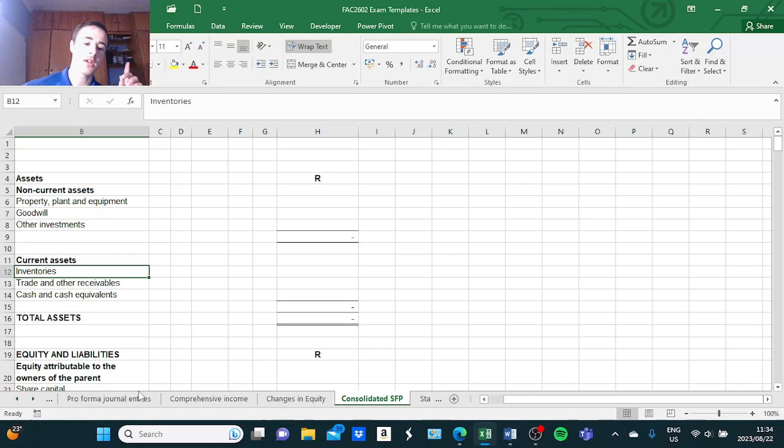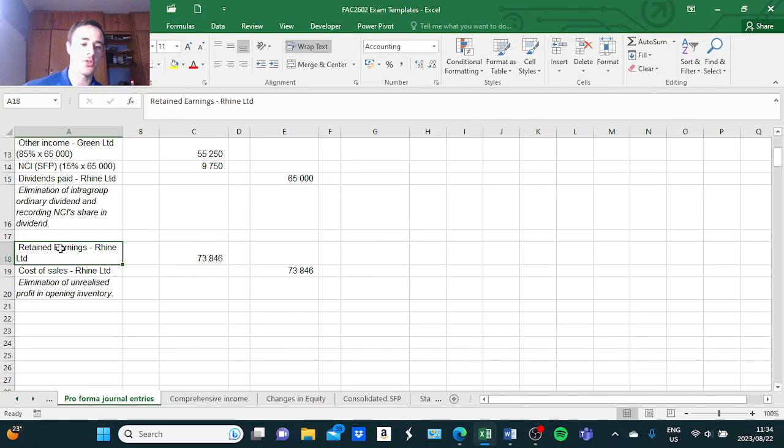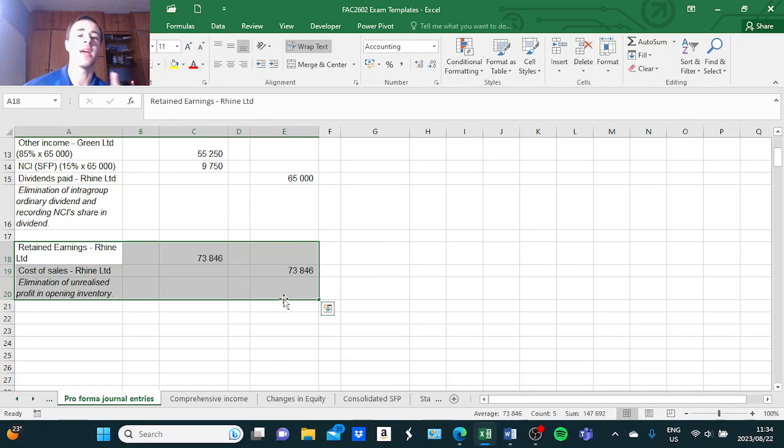Let us go back to our journal entry where we eliminated the unrealized profit in opening inventory. We said that we will debit retained earnings and we will credit cost of sales for Ryan Limited, 73,846. So clearly, based on this journal entry, the inventory balance is not affected.